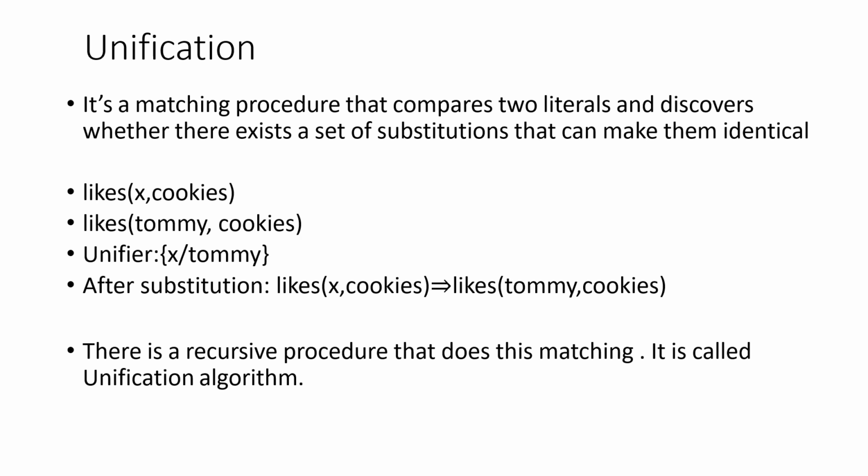It is carried out by a recursive procedure that compares the predicate names, matches the constants and variables, and applies the substitution. This procedure is called the unification algorithm. Unification finds the substitutions, and this substitution replaces variables with constants. If no substitution can make the literals identical, that means the unification fails.